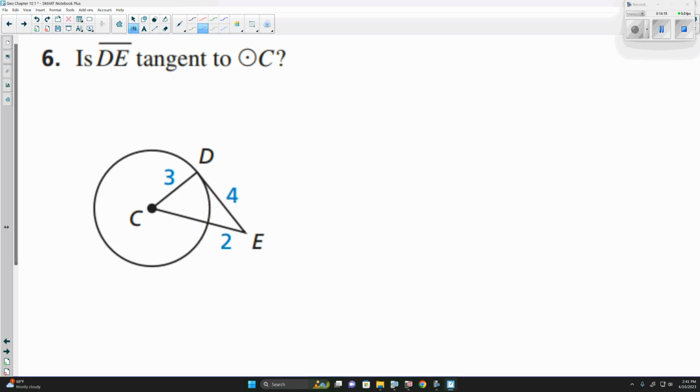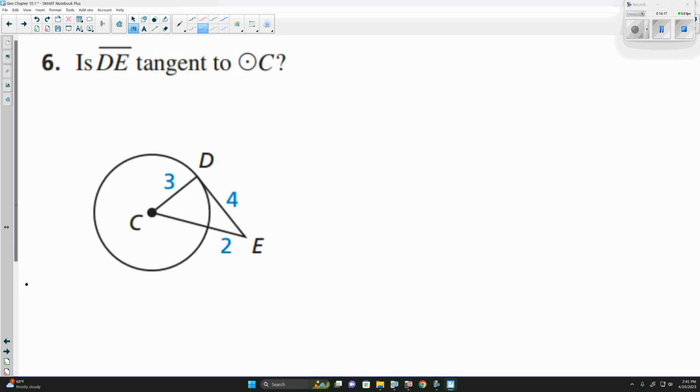So let's look at this one here. We want to determine if DE is tangent to circle C. If that's true, we need to have a right angle at this spot here, yes? So it means the hypotenuse is what? So what is 2? Is 2 the entire length of CE?